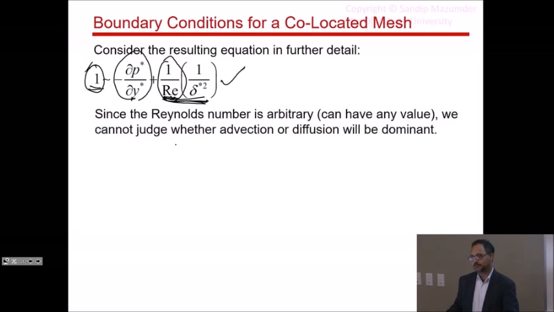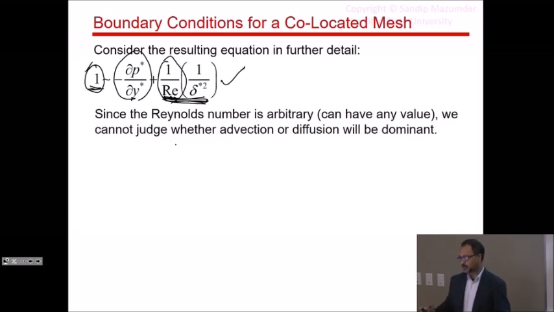So depending on the Reynolds number, you can either say this is dominant over that or that is dominant over this. But in general, those two terms we want to keep because we want to keep viscous effects as well as inertial effects in our problem. We don't want to get rid of either.